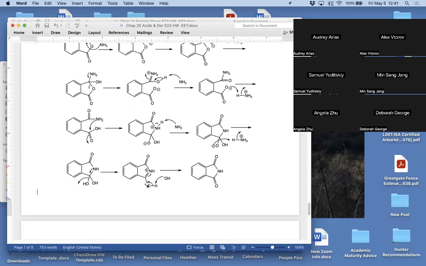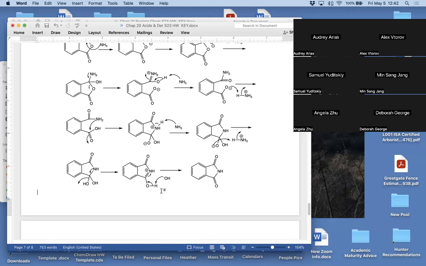Yeah, so the lone pair on oxygen comes through, making the nitrogen neutral. And so those two resonance structures are the same structure. So if you show it with the lone pair on oxygen kicking it out, you've shown exactly the same thing. They're both kicking it out at once because of the resulting resonance structure.